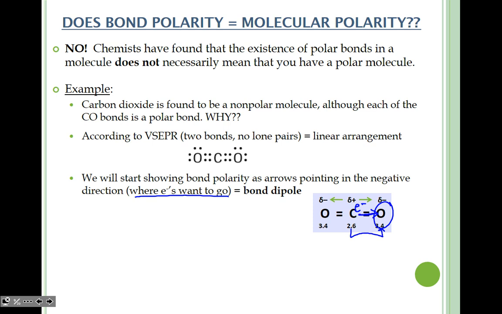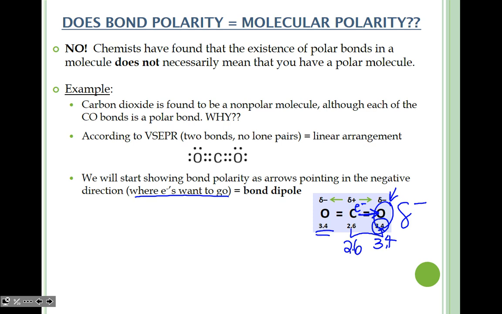This arrow pointing towards the oxygen is telling you, hey, this electron is moving towards the oxygen because the EN number of oxygen is 3.4, which is higher than 2.6. And after including the arrow, we also show that there is this movement of electrons to show that this side is more negative.